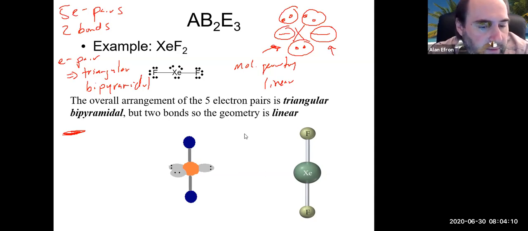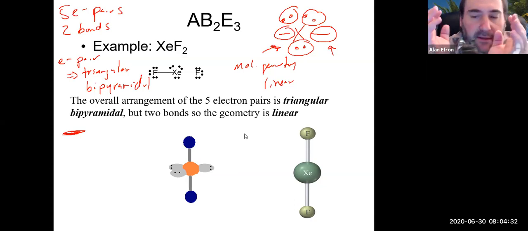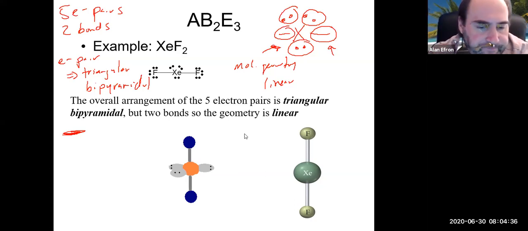When we do geometry, there are really two types of names for geometries. One is the electron pair geometry, or electron pair arrangement, and that describes how many total electron pairs there are around the central atom. So it's basically the arrangement of just the electrons around the central atom.